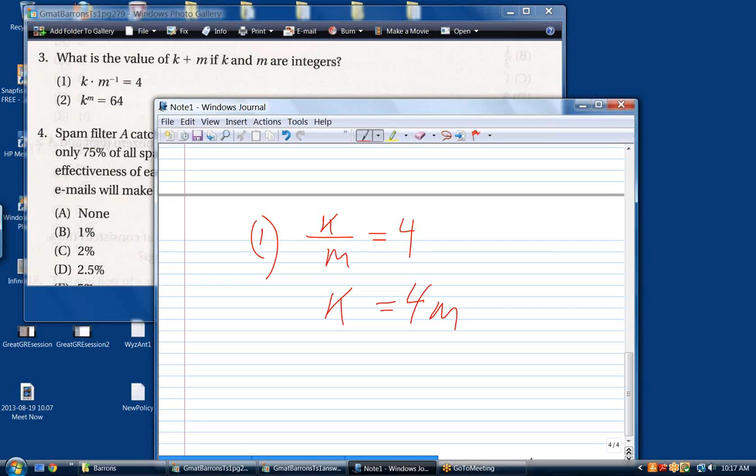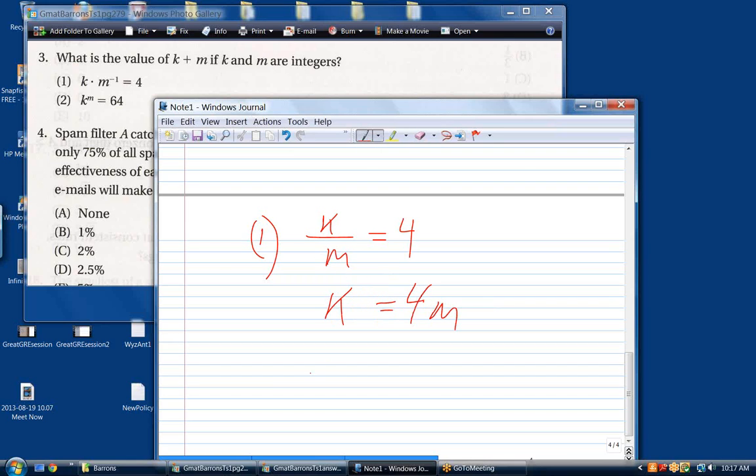Will that allow us to answer the question, what is k plus m? No, because in order to answer that question, we need to be able to say k plus m equals some number. And you can't do that because k merely means it's 4 times m, and so m could be 1, k could be 4, m could be 10, k could be 40. So this is not enough by itself.